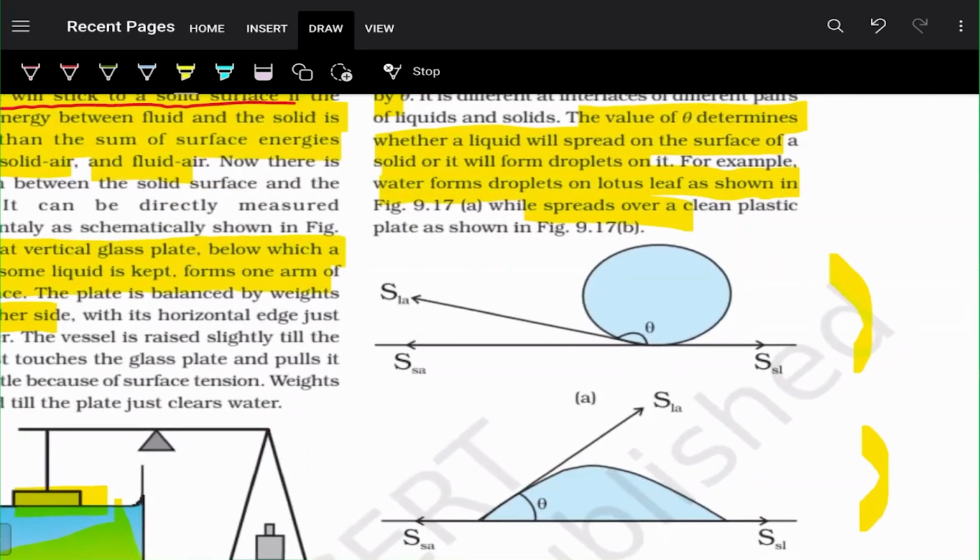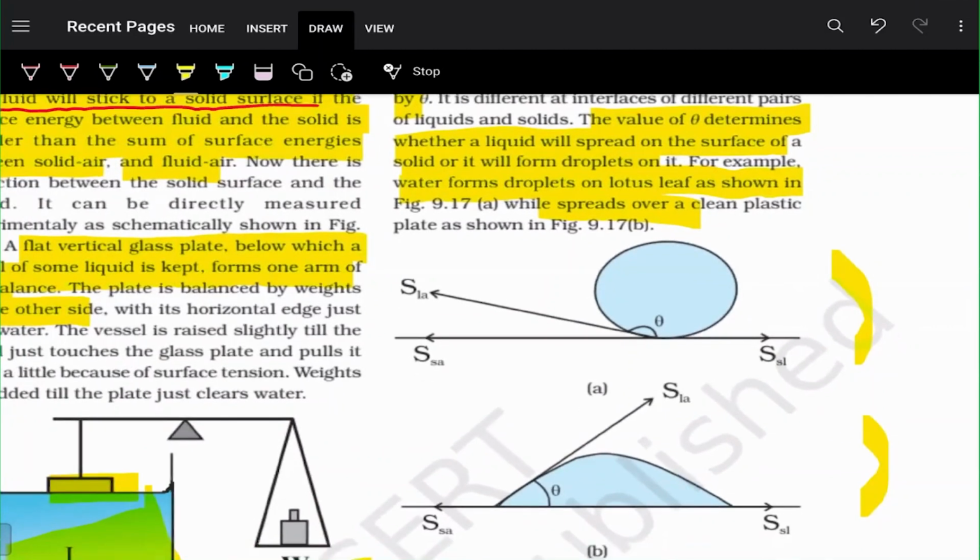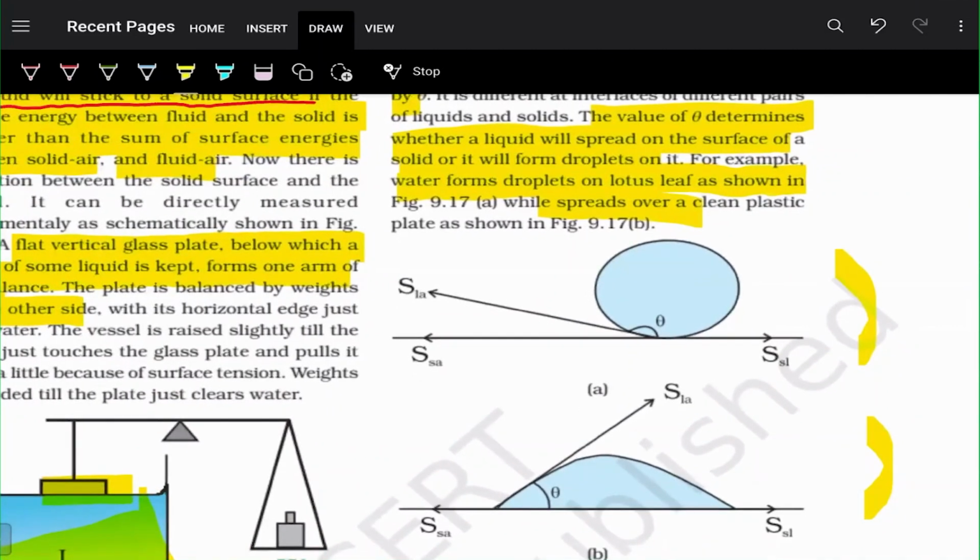That is all dependent upon angle of contact.